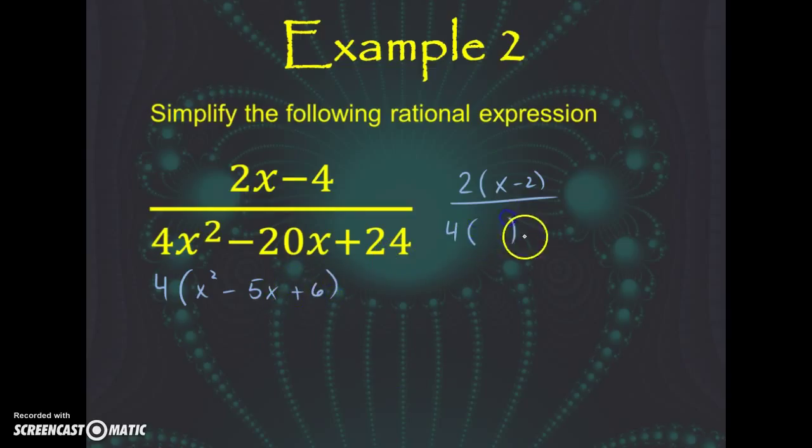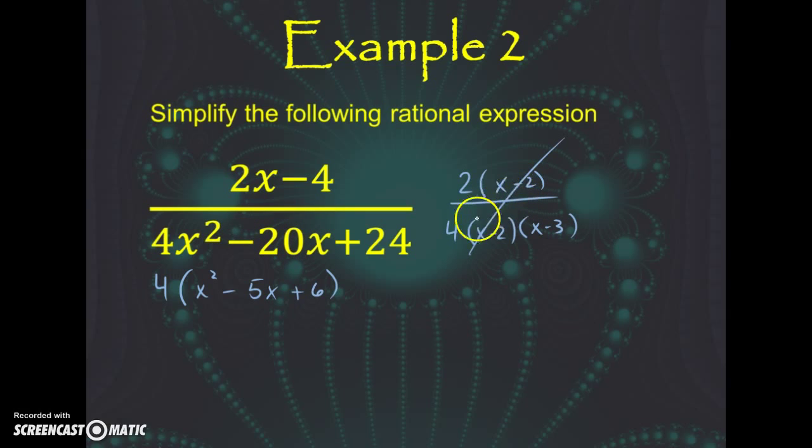Now I want to make my 2 parentheses as if I'm factoring just like before. Add to negative 5, multiply to 6. So it's going to be negative 2 and negative 3. These x minus 2's cross out perfectly. Be careful. It's a very tempting mistake. Students will say 2 over 4 and they'll just reduce right off the bat. If there's pluses or minuses involved in the problem, they block you from factoring that out.